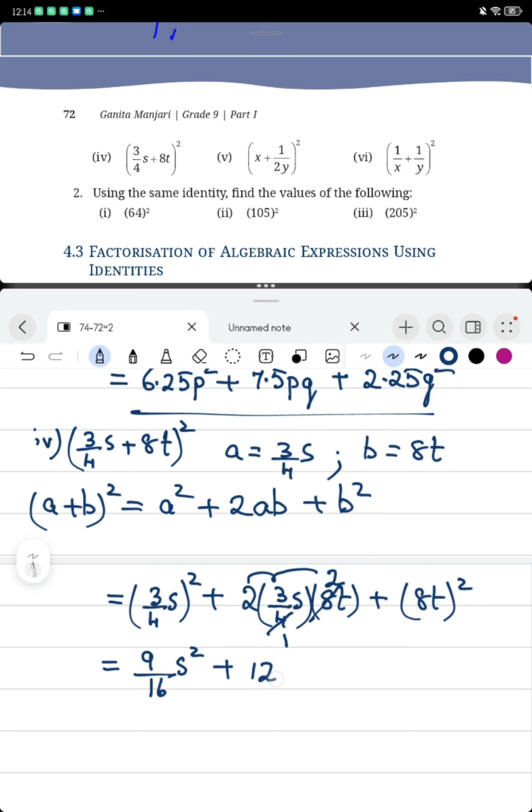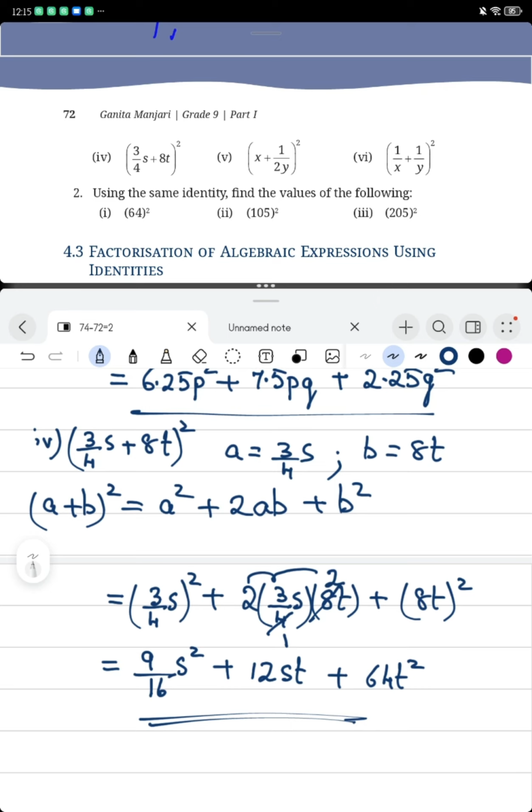So you have to multiply the numerators and you have to multiply the denominators. So in numerator you have 2 into 3 into 2, which is 12, and then we have st. There is nothing in the denominator. We don't have to write this. It is better we just omit this part because there is nothing in the denominator. So now let us move on. Plus 8 square is 64 t square. So this is your expanded form.